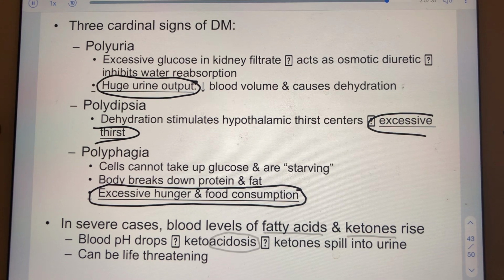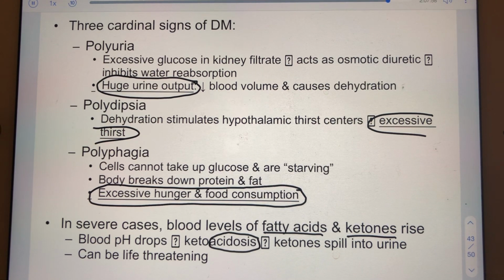Excuse me. In severe cases of diabetes mellitus, fatty acids and breakdown byproducts like ketone bodies will spill over into, again, the urine, okay, and even threaten acidosis.